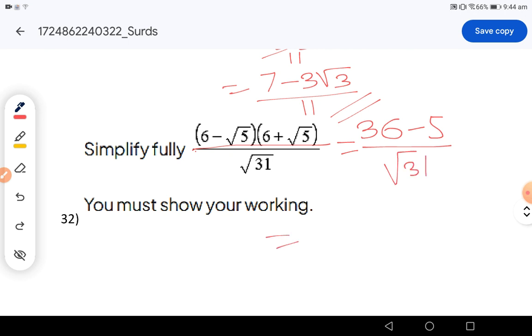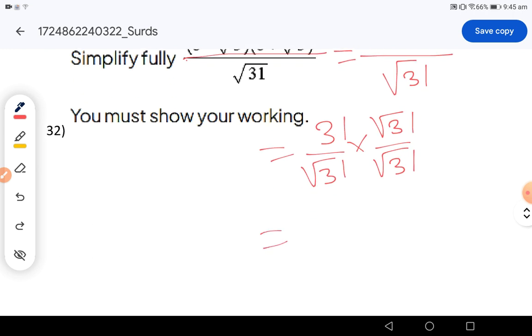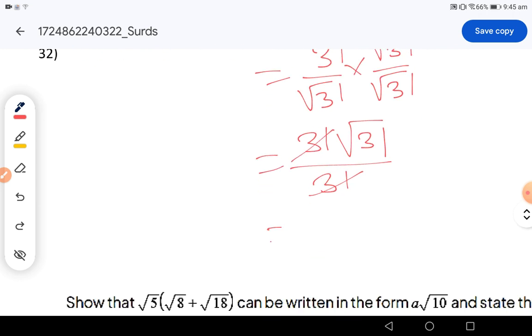So 36 minus 5, 31, by root 31. Now rationalize root 31 by root 31. So it is 31 root 31 by 31. So 31 cancels. The answer is root 31.